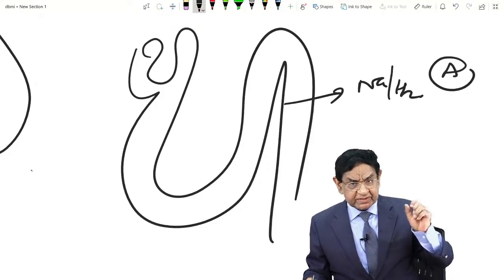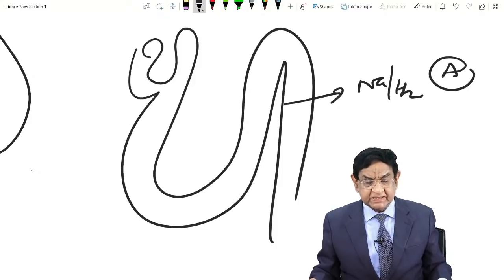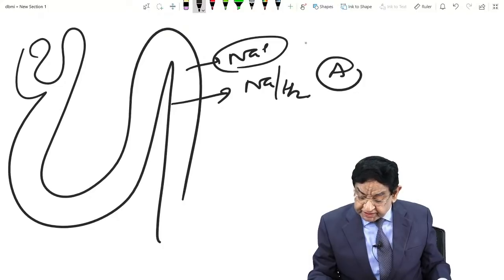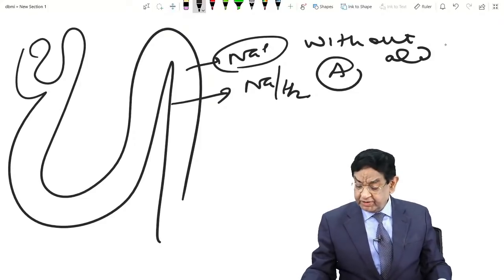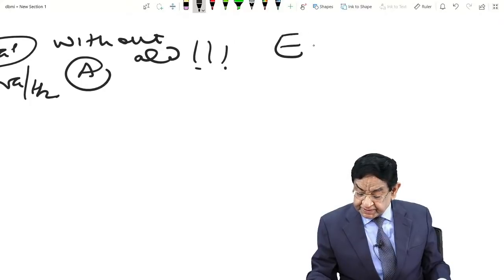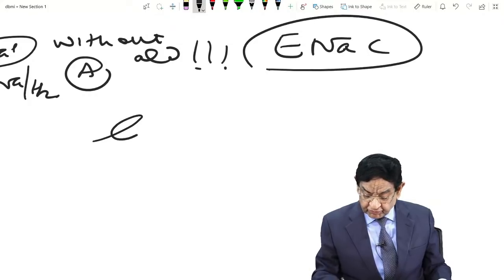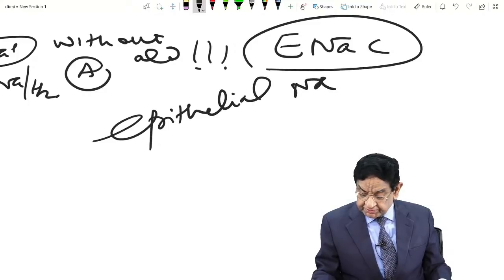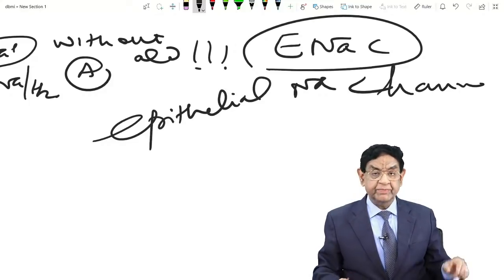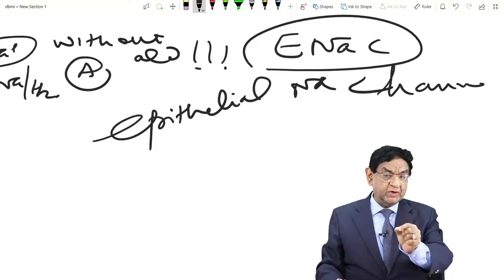But many of us are not aware there are certain channels from which sodium can be reabsorbed without aldosterone. They are known as epithelial sodium channels. ENaC, the full form is epithelial sodium channels. From this, the sodium can be reabsorbed without aldosterone.